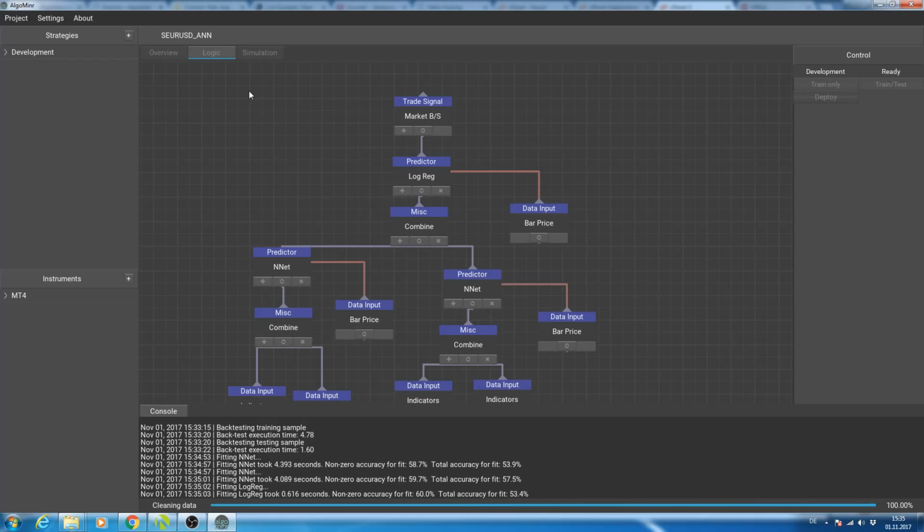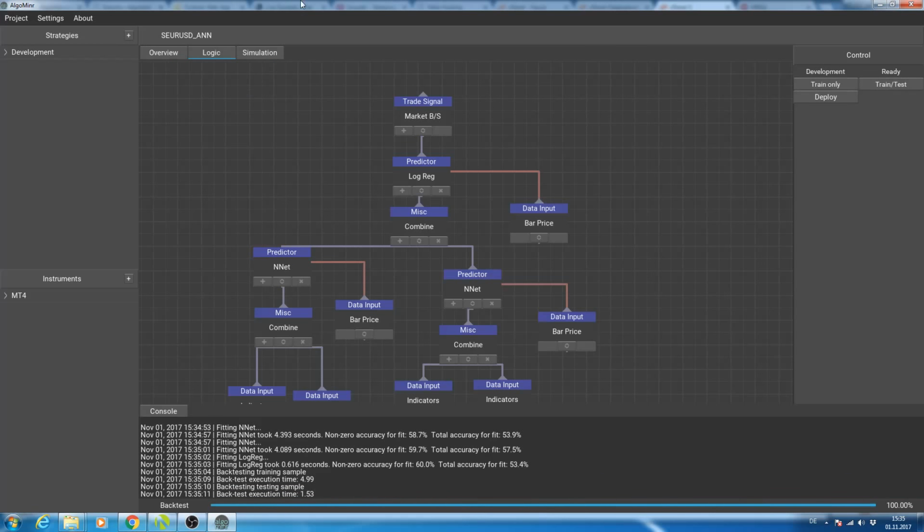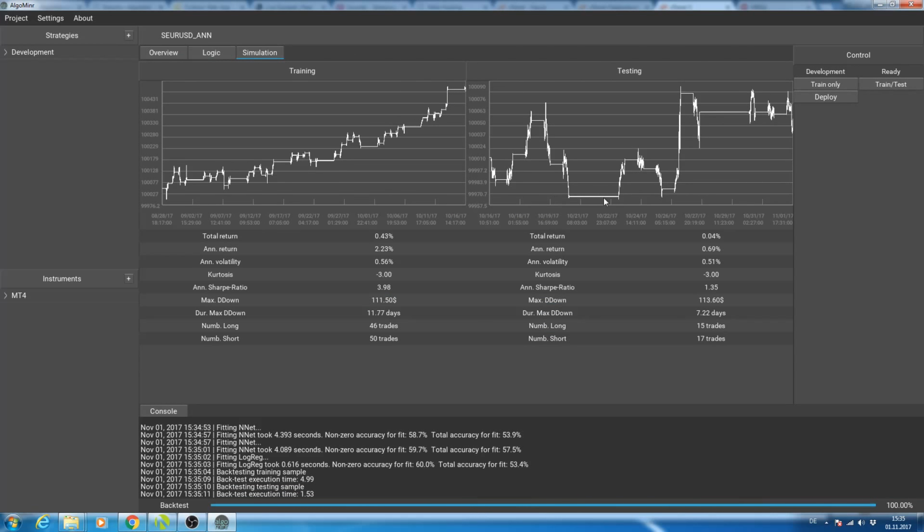I will train it again and backtest on the sample, and let's see what we have as an output. Now you can see that we've already gained a little bit of return. So now we have a Sharpe ratio of 1.35, which isn't too bad, at least.